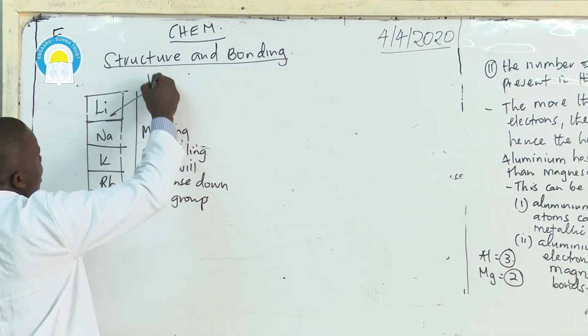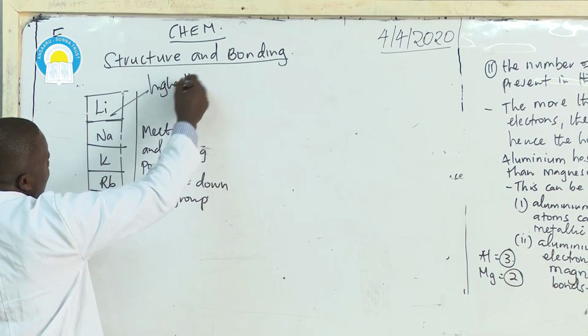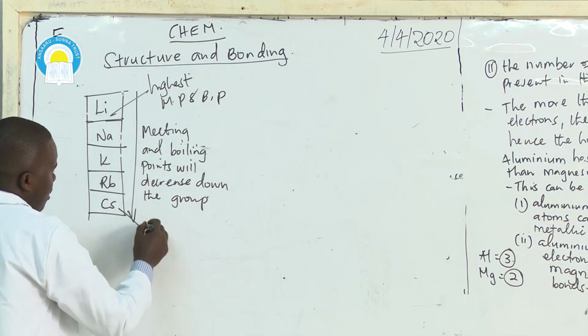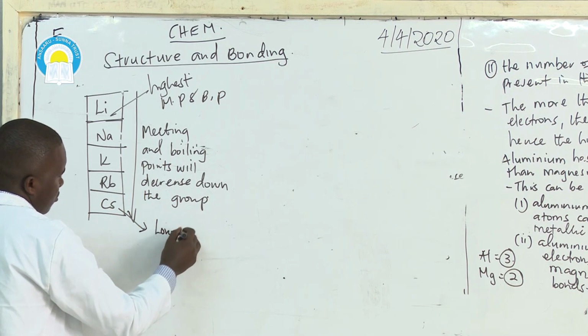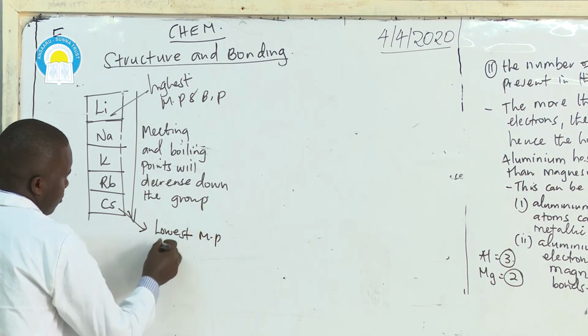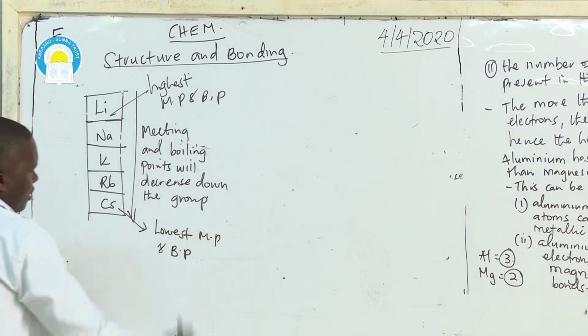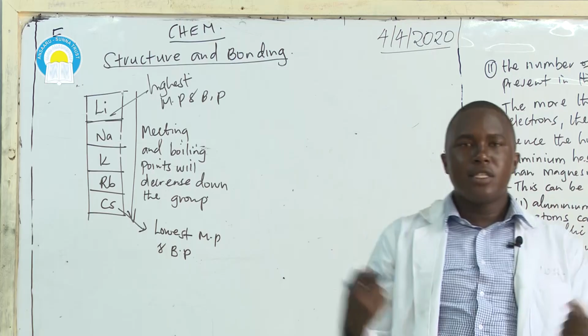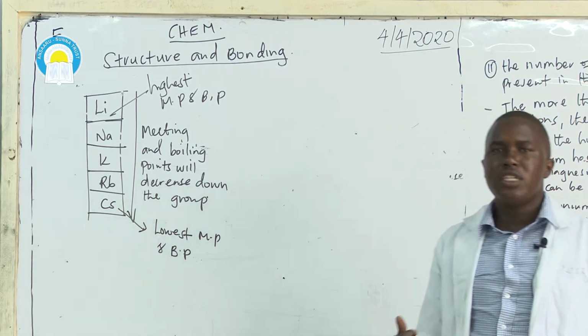So lithium will have the highest melting point and boiling point. This one will have the lowest. This is because of the atomic size. As the atomic size increases, the strength of the metallic bond also decreases.